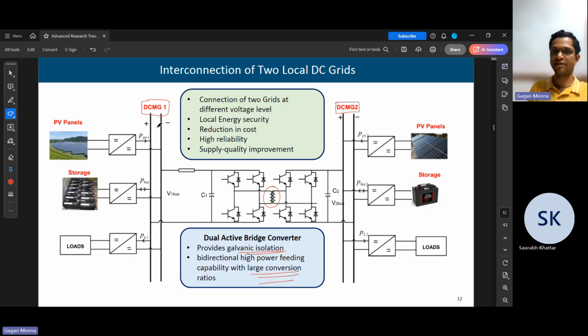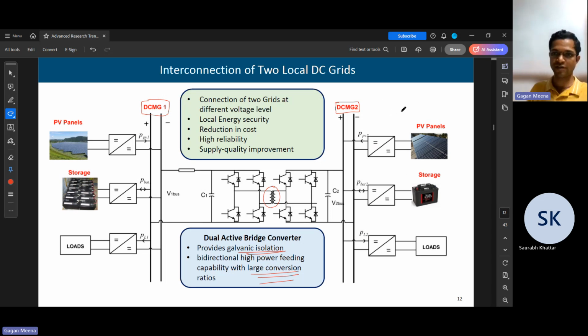Why do we connect these two DC microgrids with each other? Let's say these are two different localities, two different communities. One is being supplied by microgrid 1 and the second one is being supplied by microgrid 2. And let's say there is excess power generation in microgrid 1 and a deficit in microgrid 2.